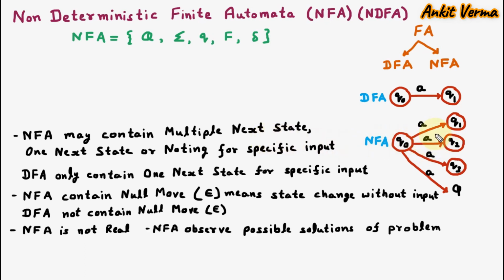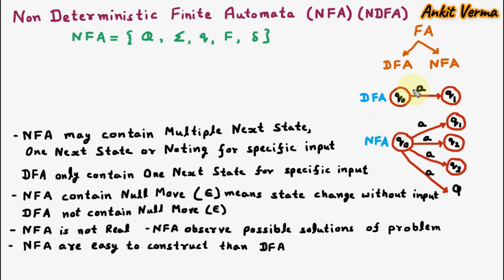So if we are given a problem and we want its multiple solutions, then we need the NFA. The next thing about the NFA is that they are easy to construct than the DFA. So for a specific problem, we can design NFA very easily, but DFA designing is slightly tough.